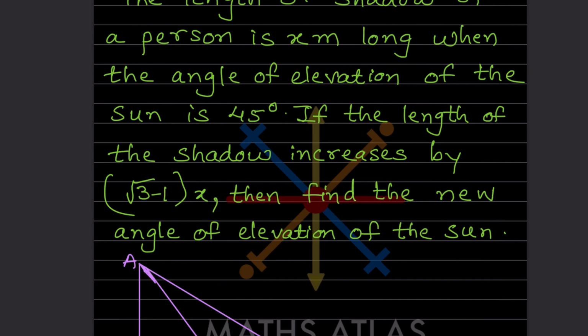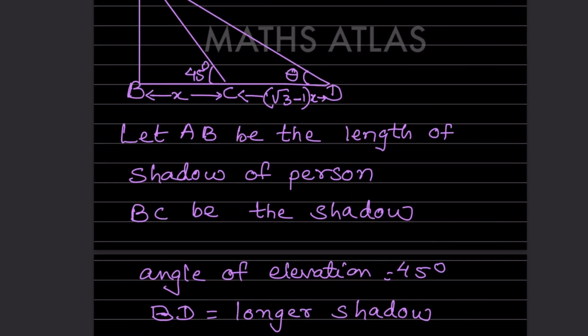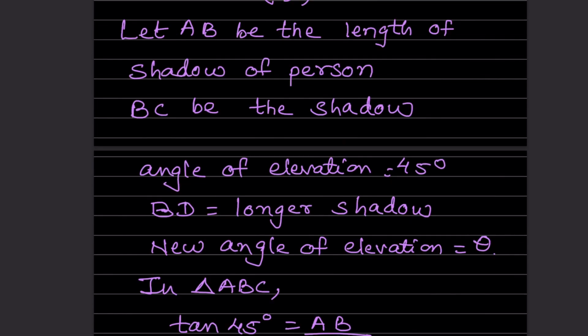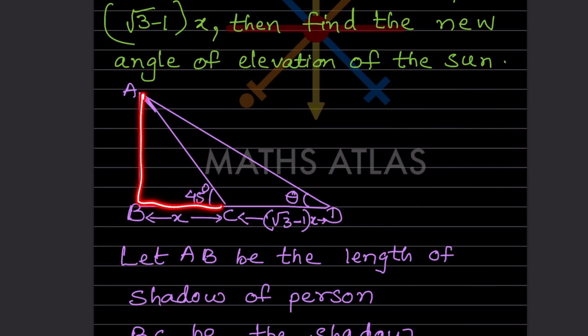BD is the longer shadow, and the new angle of elevation we consider as theta. First we consider triangle ABC.